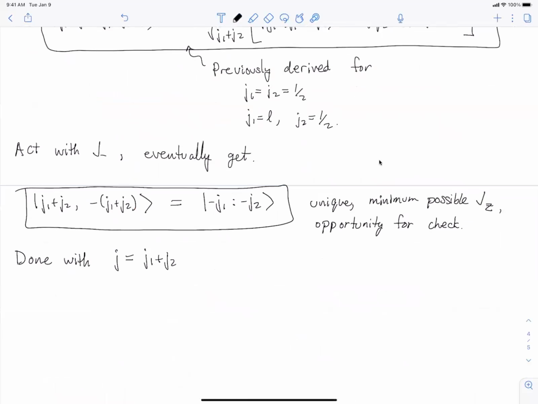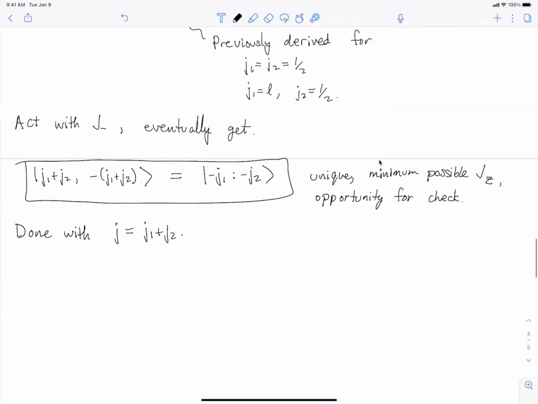We've found all the states in terms of the product basis for those states. So now we need to work on the next lowest value, which are the states, or the kets, with J equals J1 plus J2 minus 1.